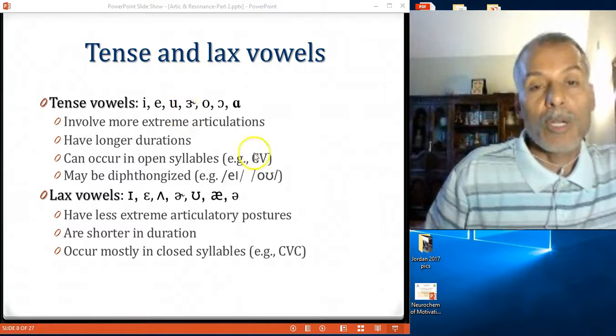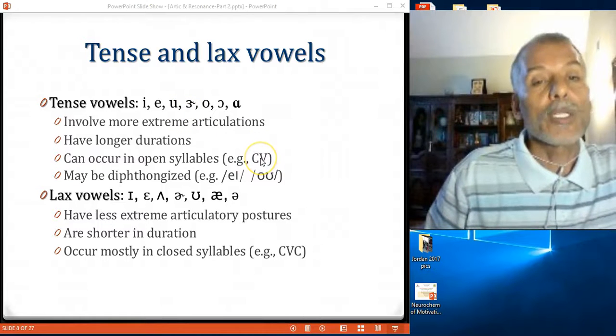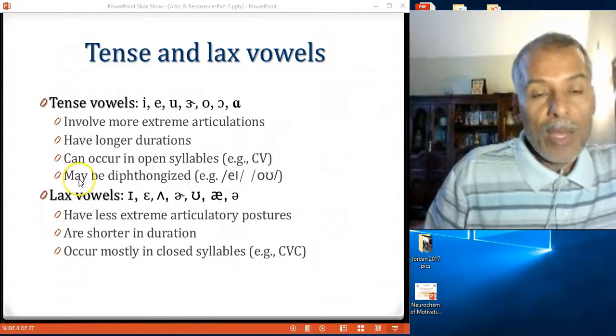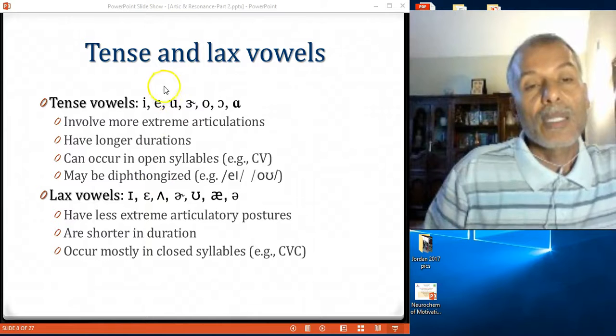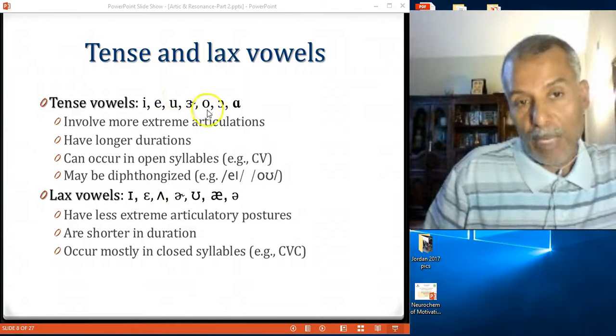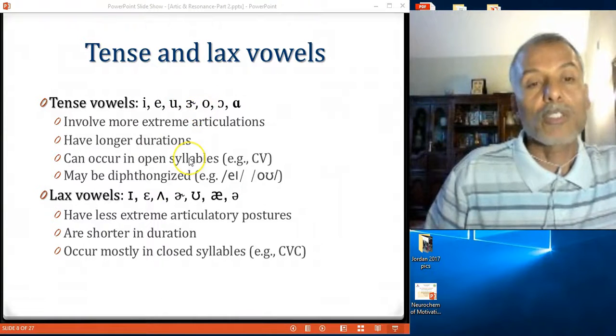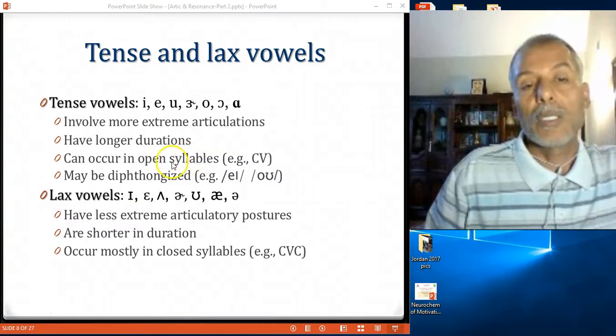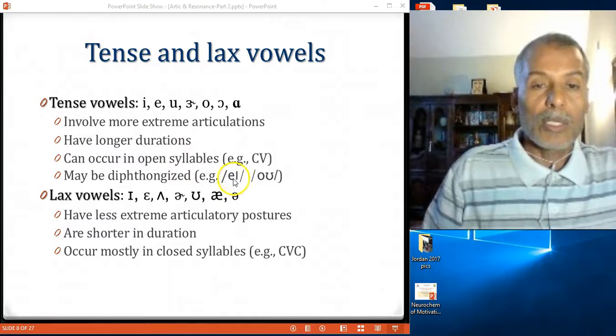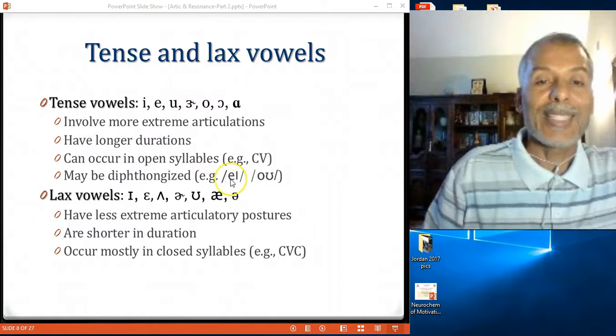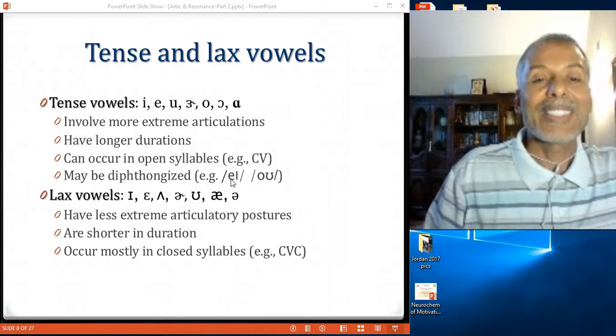They can occur at the end of an open syllable. They may be diphthongized. These sounds, you can make them into a diphthong. We'll describe diphthongs in the next slide. So you say A, as in may, day, stay, and O, as in rose.